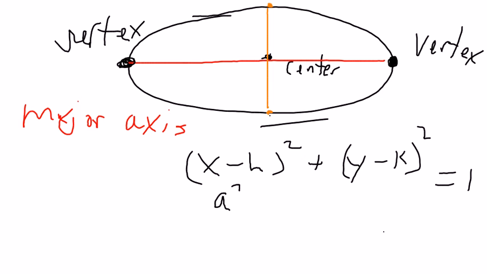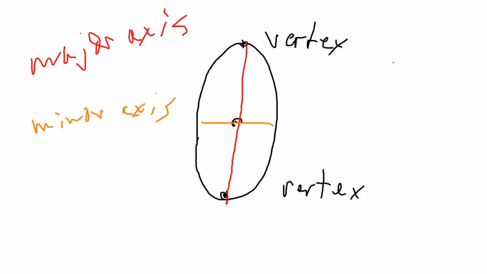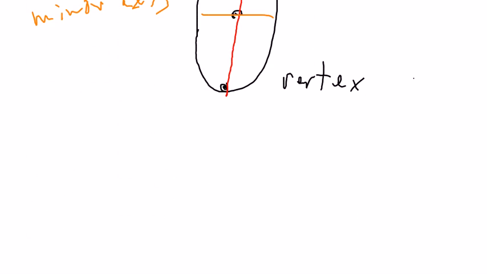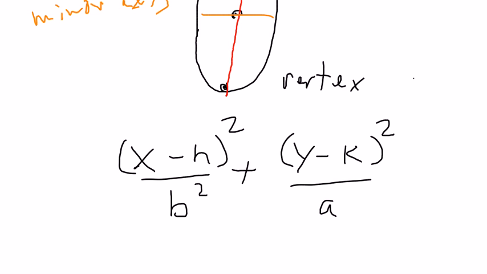Under here is a squared, under here is b squared. Okay, if we're oriented up and down, and these are in the book, our equation is going to be x minus h squared over b squared plus y minus k squared over a squared equal to 1.